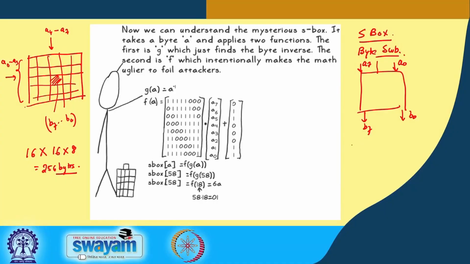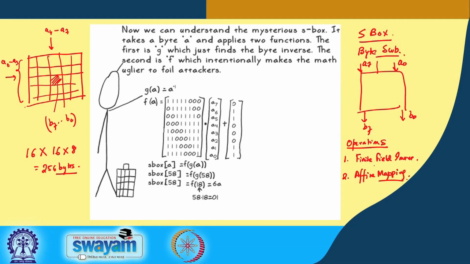That representation is made of 2 sub operations. The first one is a finite field inverse. And the second is an affine mapping. So let me explain quickly what this means.